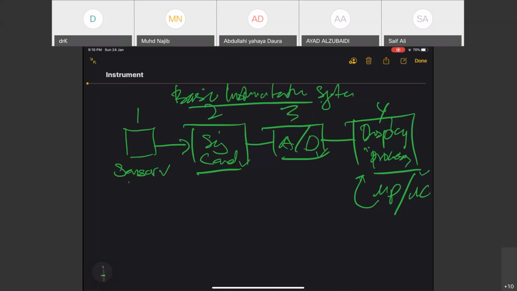For the sensor and signal conditioner, you may have seen in the previous lectures when we discussed the undergraduate lectures where we make all the revision.